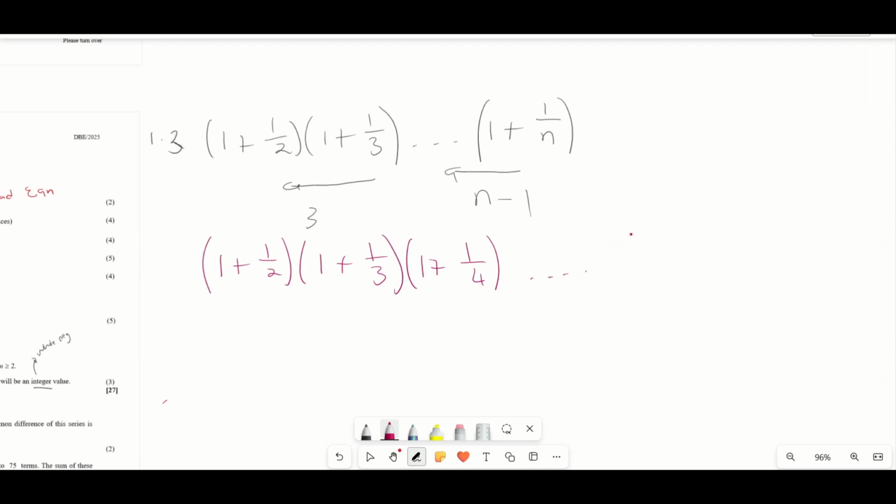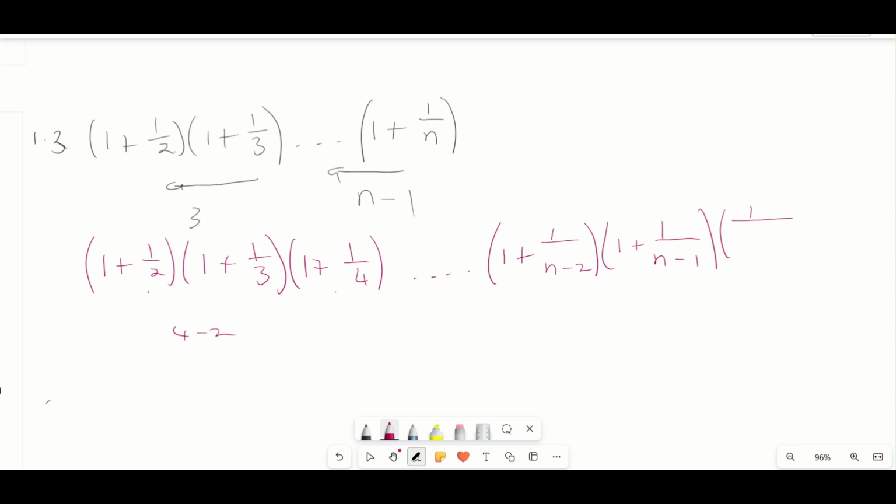Then if I jump from this point to this point, I said 4 minus 2. So in this case I can say 1 plus 1 over n minus 2, times 1 plus 1 over n minus 1, and then times, excuse me, 1 plus 1 over n.